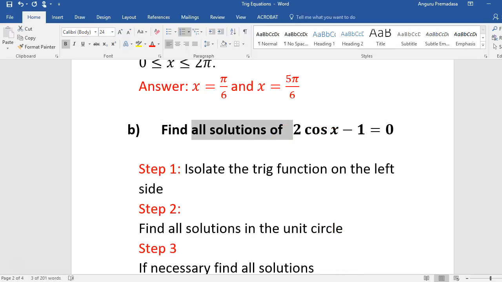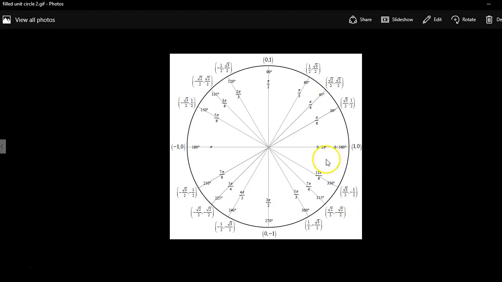Now what do you mean by all solutions? We already have two solutions. One is pi over 3 and the other one is 5 pi over 3. So let's concentrate on the pi over 3 solution. If we start from here and go around one whole circle and come back here again, when we hit this point we get cosine x equal to 1/2, because the x coordinate of this point is 1/2.